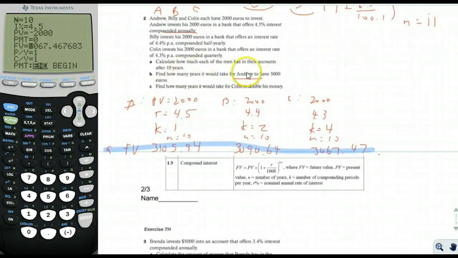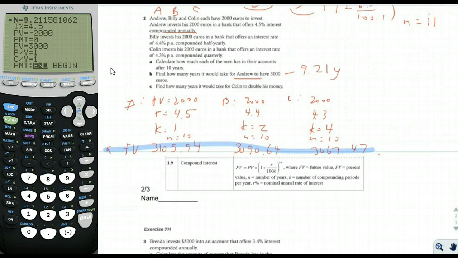Well, actually, it says how many years would it take for Andrew to get 3,000. So here we're just going to put 3,000 here. And then we're going to go back up to N and say, okay, maybe it's not going to be 10 years, so let's figure out what it is. Alpha solve. It's 9.2 years. Okay, so it would be about 9.21 years. So B would be 9.21 years.